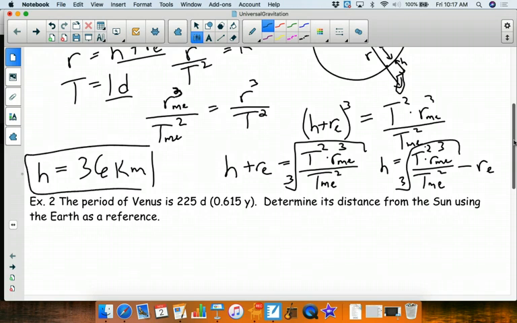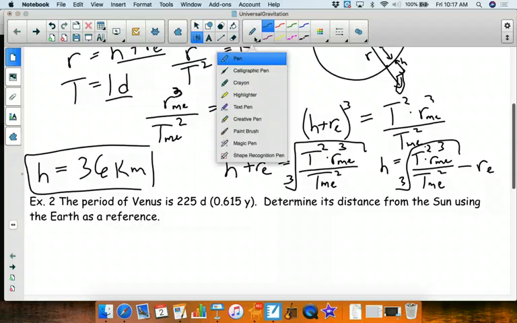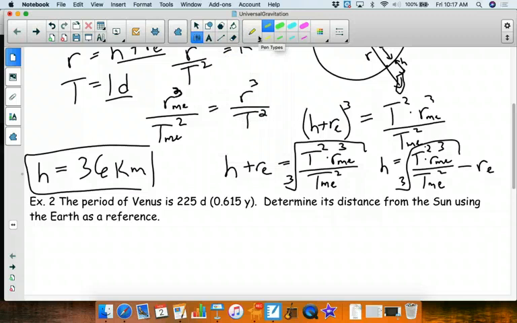Where'd you get the T times RME over TME squared? Where did I get the T? Like that, right part of that equation. Oh, right, this. Yeah. So that comes from this equation here.